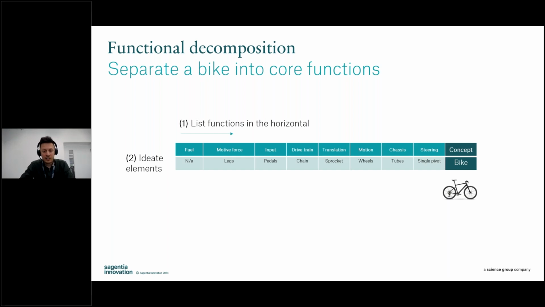That's translated in a drivetrain through the chain, the sprocket. That motion is translated into the wheels. There's a chassis, which is made up of tubes that are welded together, and there's steering, which is a single pivot. And all of those things make a bike when you add it all together, from going from the left to the right to the actual concept.